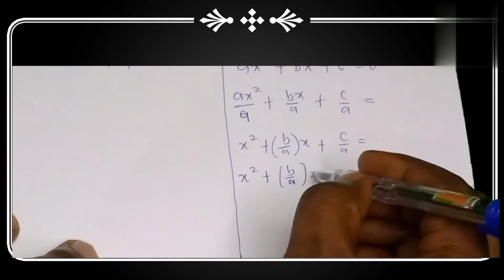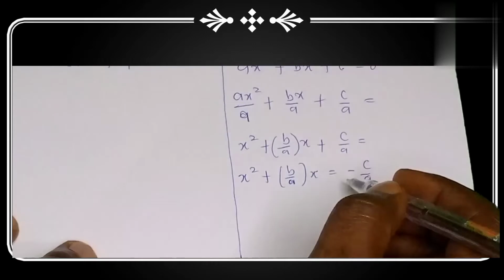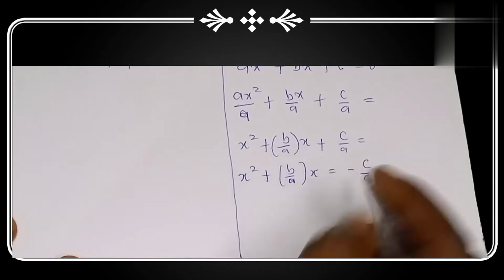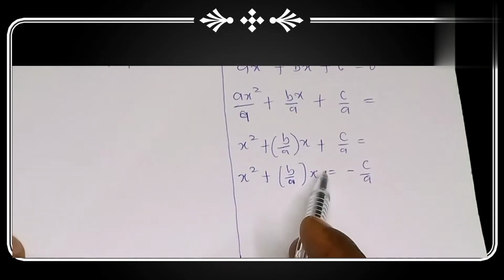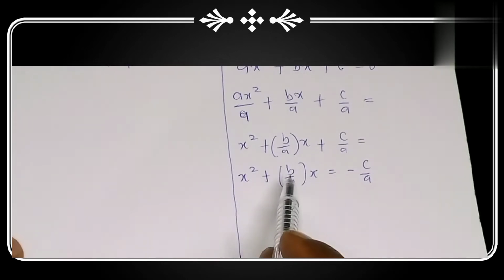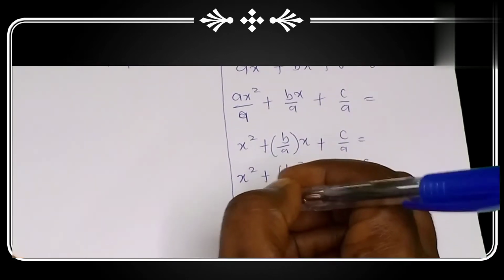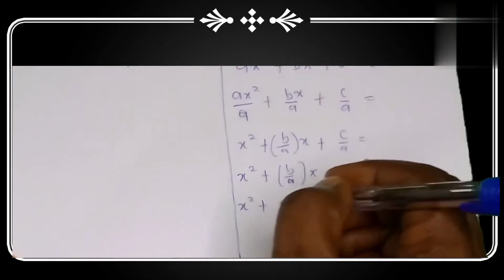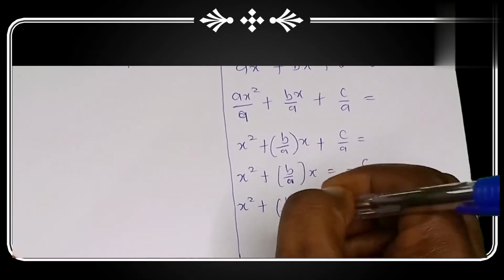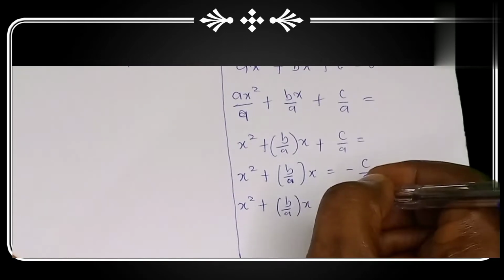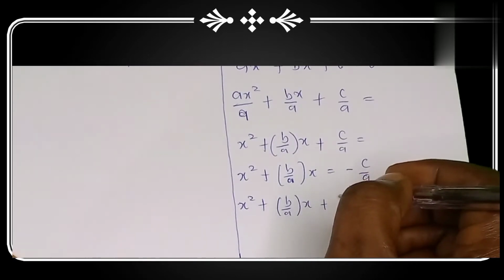Now we need to find something at the end of this to complete this perfect square, and that method is called completing the square. Now we have x squared plus b over a, x, plus half of b over a.